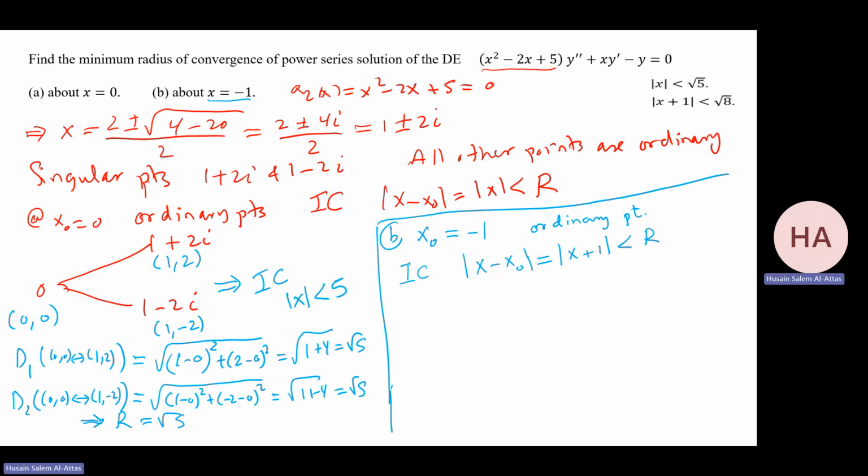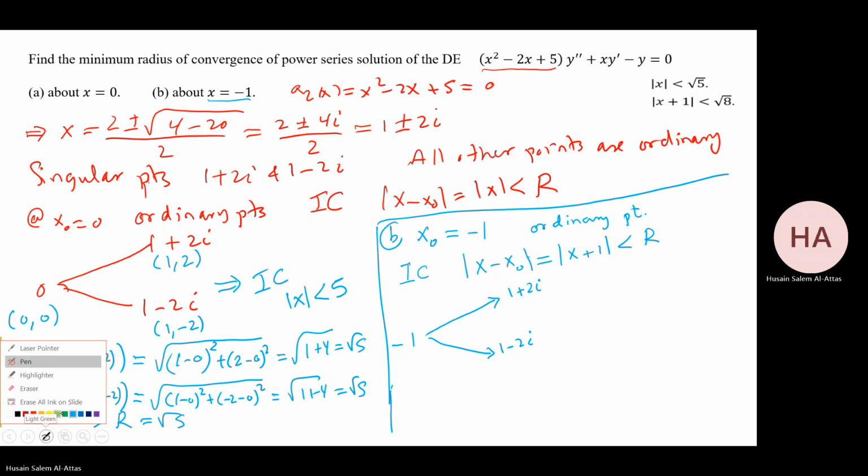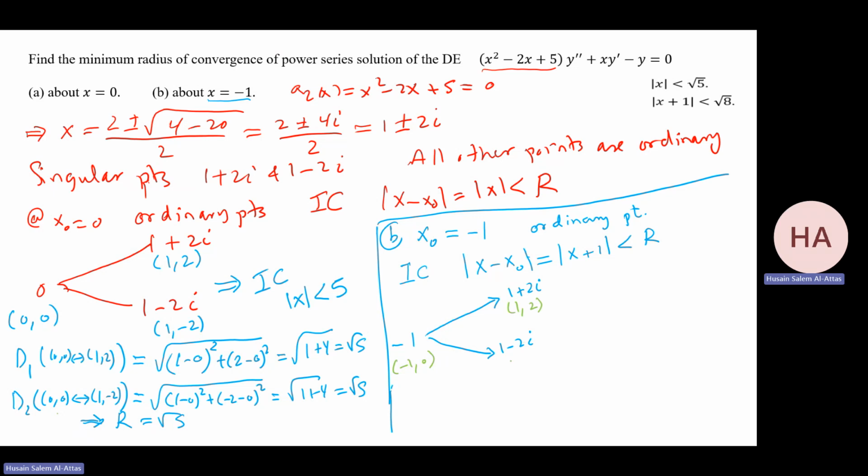How to find r? I have the point minus 1. I want to see the distance to 1 plus 2i and 1 minus 2i. I'll do the same trick. So this is the point minus 1 and 0. This is the point 1 and 2. This is the point 1 and minus 2.